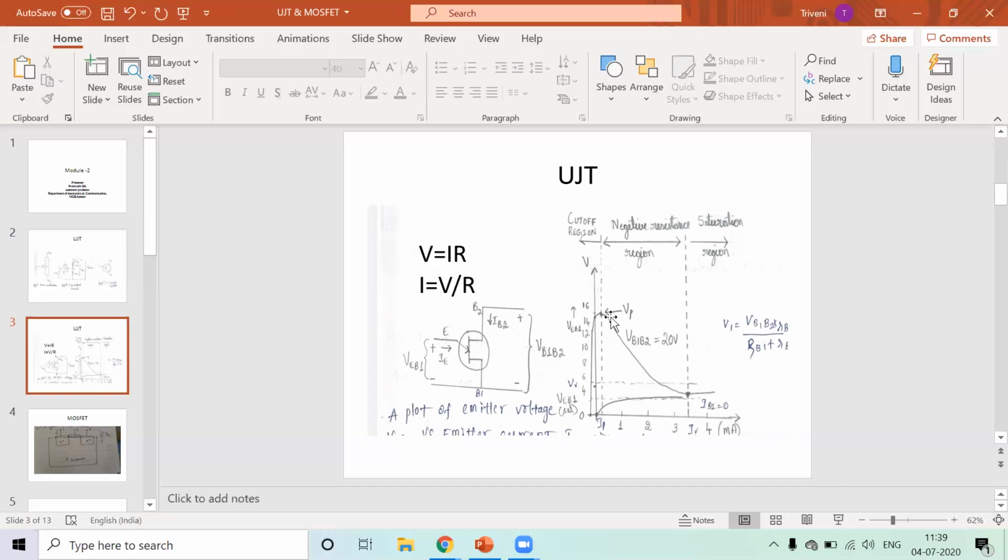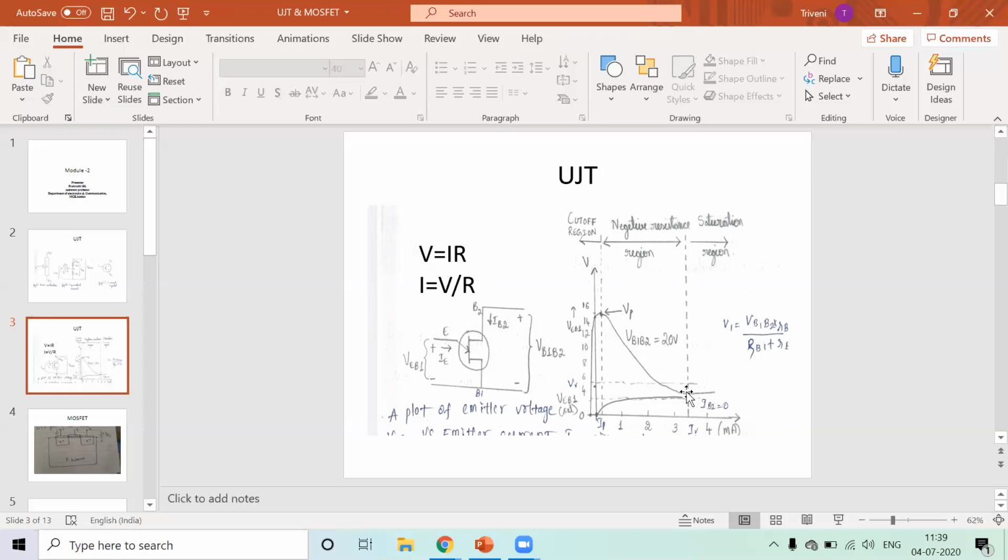That's why this region is called the negative resistance region, because it is not obeying Ohm's law. This is Ohm's law, V is equal to IR. Whenever the current increases, the resistance should decrease, so that is happening. But whenever the current is increasing, the voltage has started decreasing. So that's why this is called the negative resistance region.